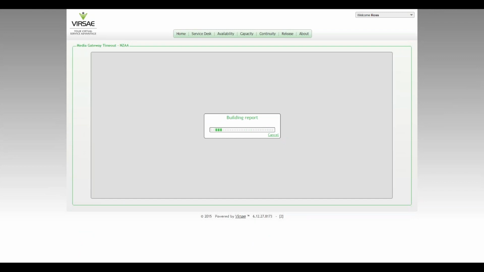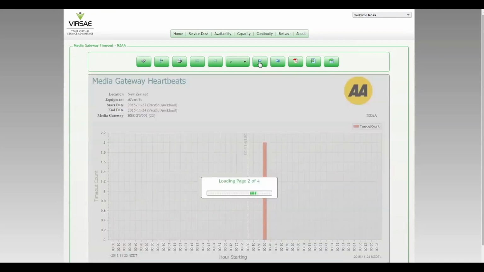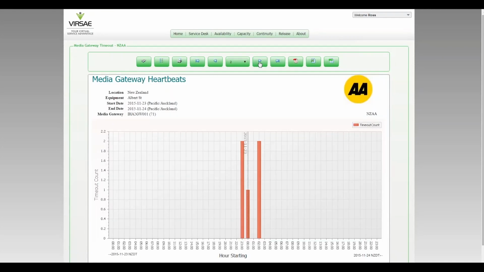What I'm hoping to see here is not only the extent of the problem, but the timing. Did these H248 timeout messages happen about the same time? For media gateway 22, we're looking at about 3 in the morning on the 24th. Media gateway 71, same sort of thing, between 11 PM and 2 AM.